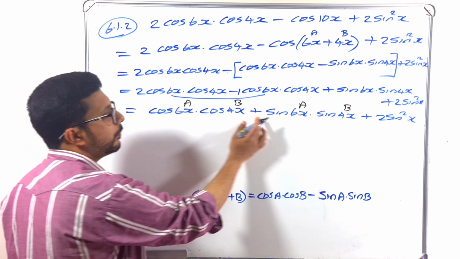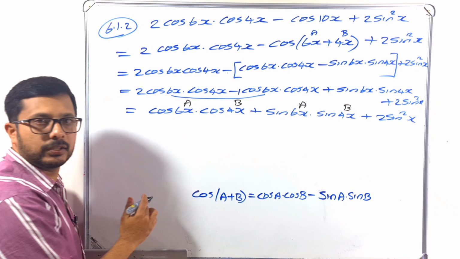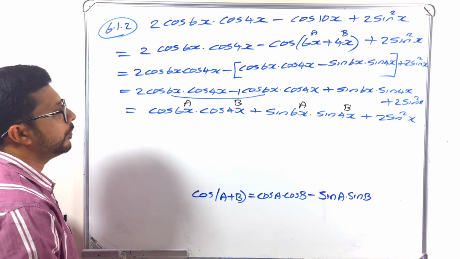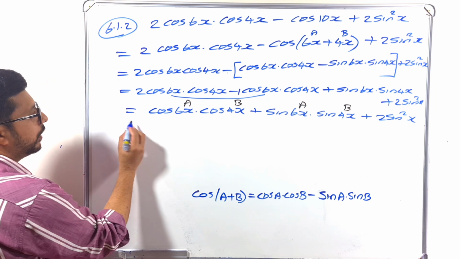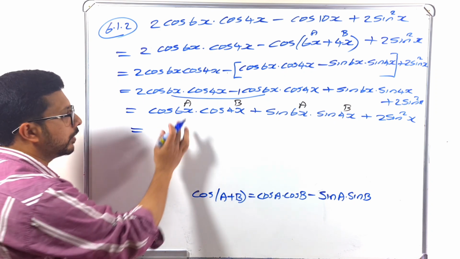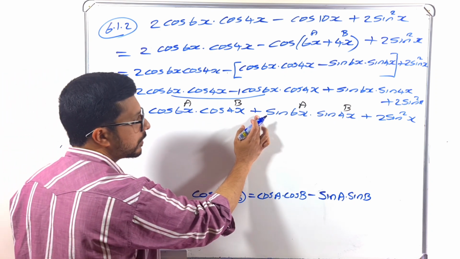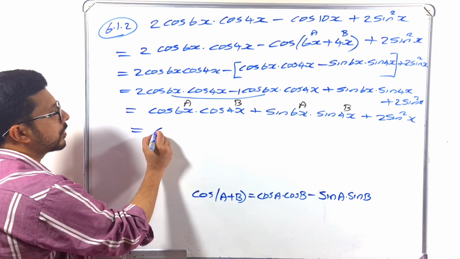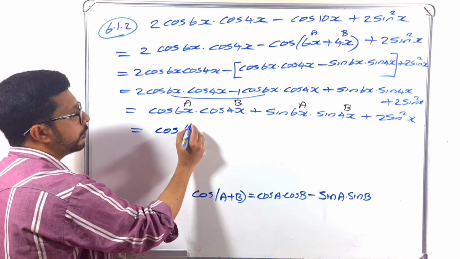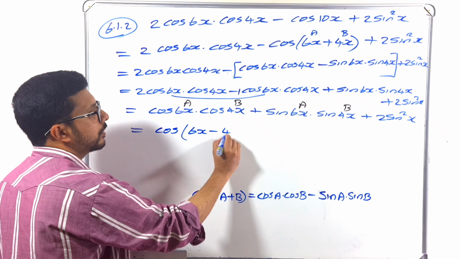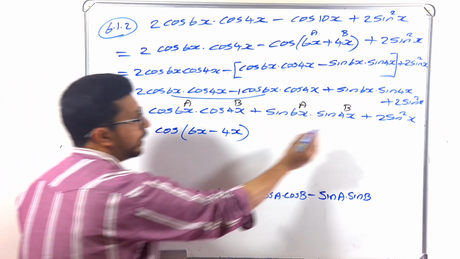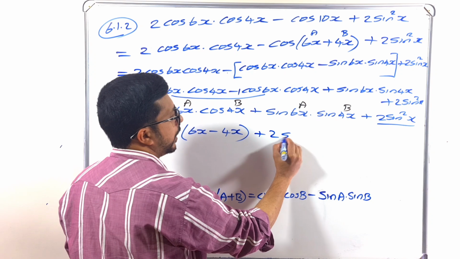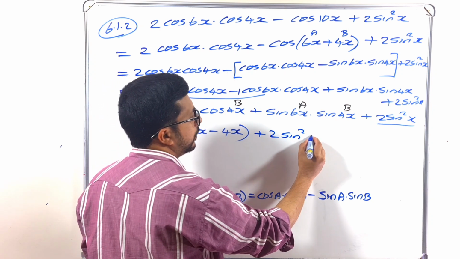Cos a cos b plus sin a sin b, that is cos of a minus b, sorry, not a plus b. So it is cos of 6x minus 4x. Then the last term is plus 2 sine square x.